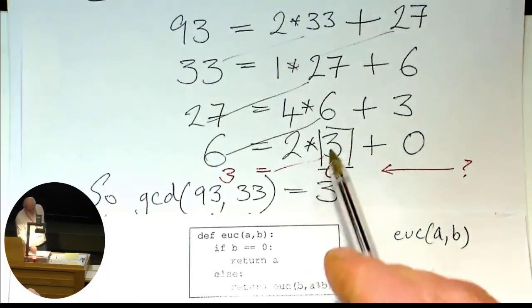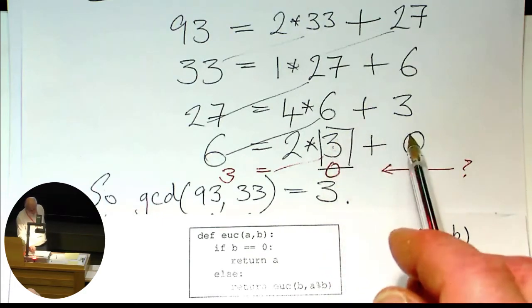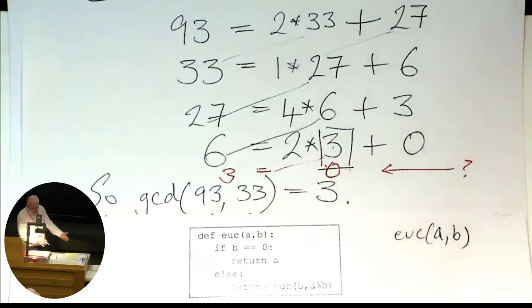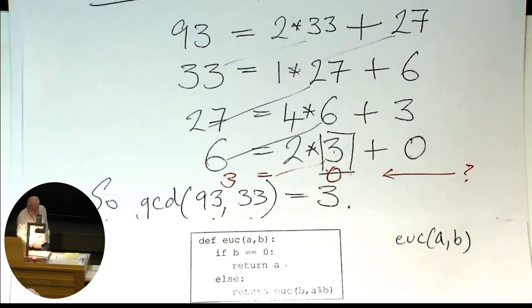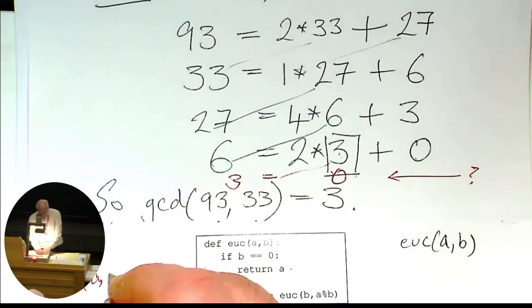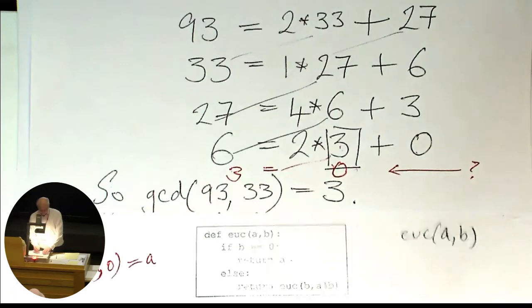So if you get to the stage where you're evaluating the greatest common divisor of 3 and 0, that means A and B. If B is 0, we know the answer is A. This is just saying that the greatest common divisor of A and 0 is, of course, A, because A divides itself and it divides 0. That's what this is saying.